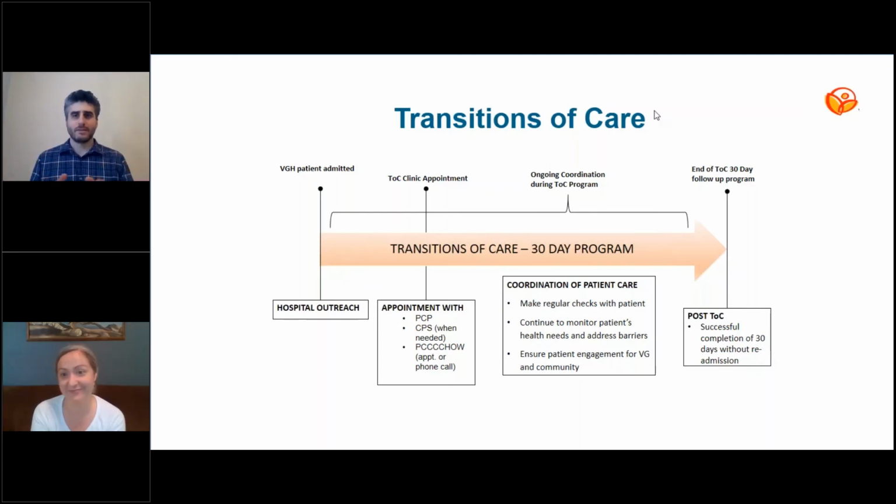So now that we figured out the value of this Transitions of Care patient care coordinator role, I was confident in presenting it to our executive team, showing how this role is adding value in a way that's distinct from our normal care model, and it allowed us to continue this program without grant dollars.